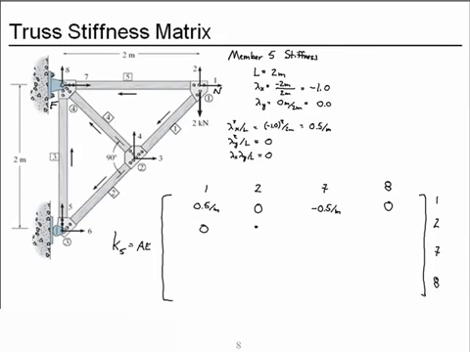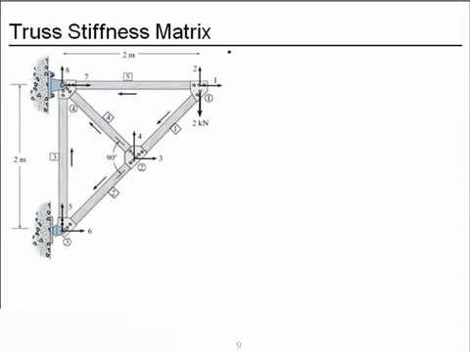Lambda x lambda y, lambda y squared, minus lambda x lambda y, minus lambda y squared, minus lambda x squared, minus lambda x lambda y, lambda x squared, lambda x lambda y, minus lambda x lambda y, minus lambda y squared, lambda x lambda y, and lambda y squared. It is symmetric about the diagonal, and the diagonal is all non-negative.